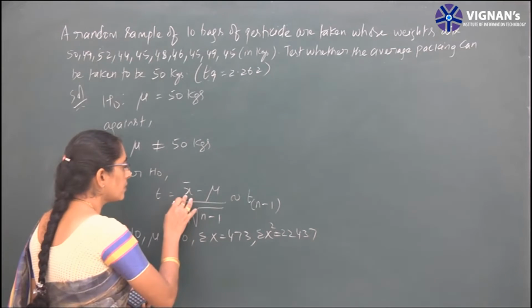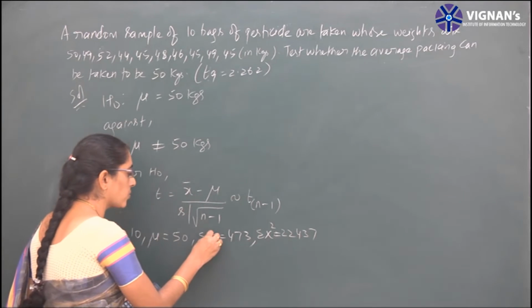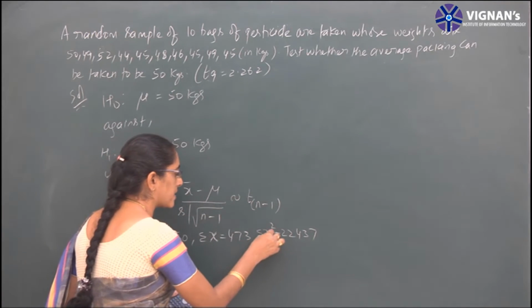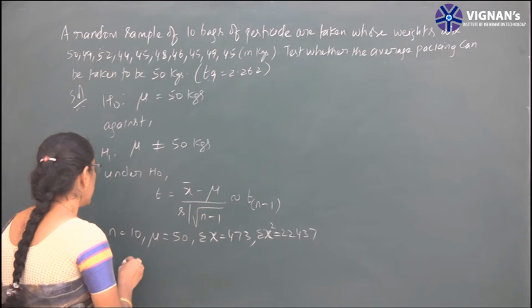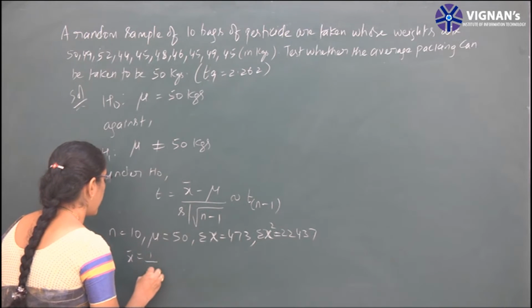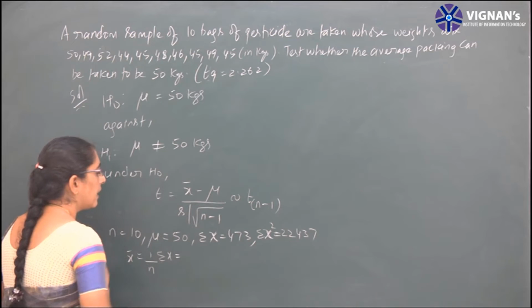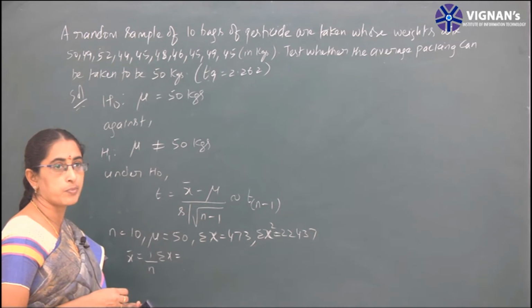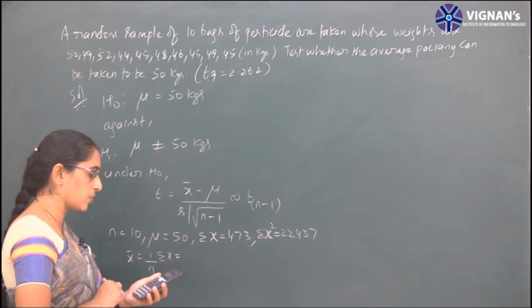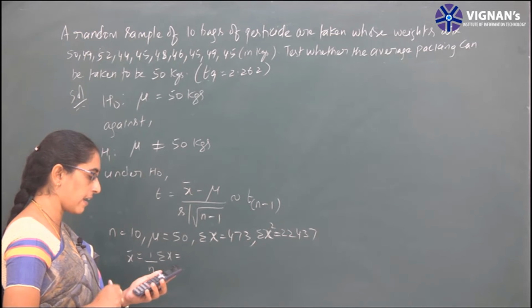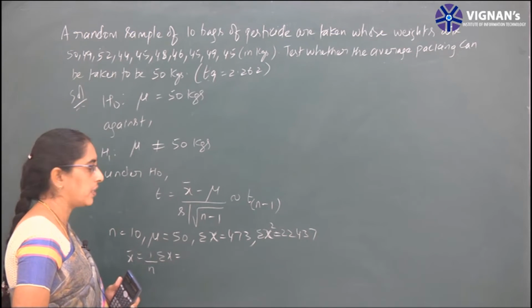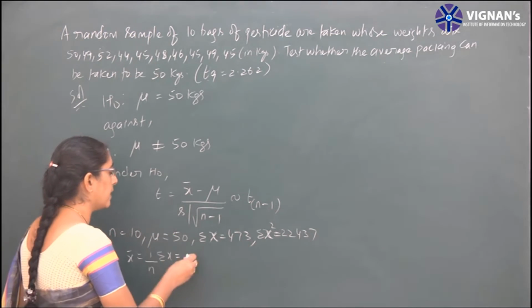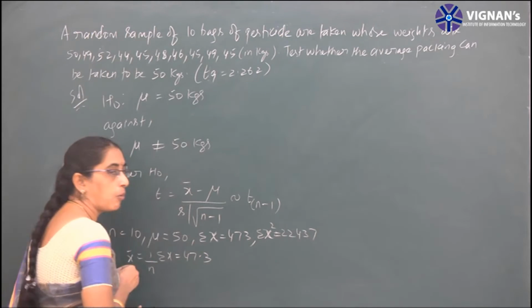Here we have written small x bar, so here also we have to use small x only. We know that the x bar formula is 1 by n summation x, which can also be obtained using the calculator by pressing shift 2. The first option is x bar, which is 47.3, meaning 473 by 10 is nothing but 47.3.